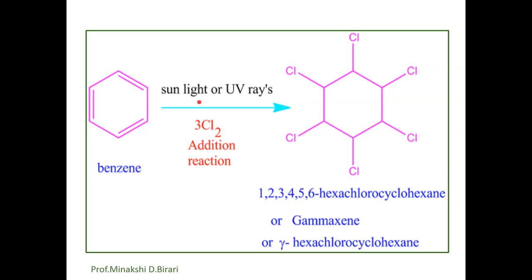Chlorine gas is passed into liquid benzene in the presence of sunlight so that we can obtain the product BHC. The product contains a mixture of isomers. 12% of the gamma isomer is present in the mixture and it is extracted with organic solvents like xylene, toluene, cyclohexane or glacial acetic acid.